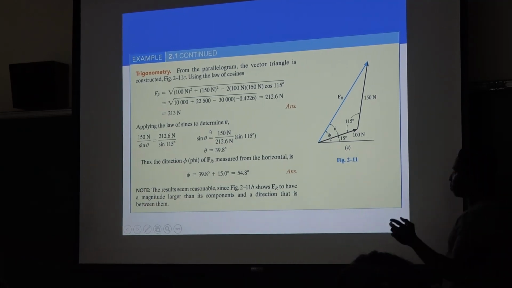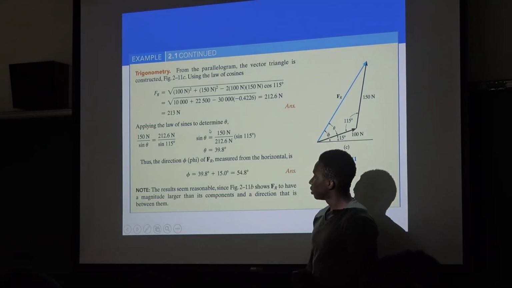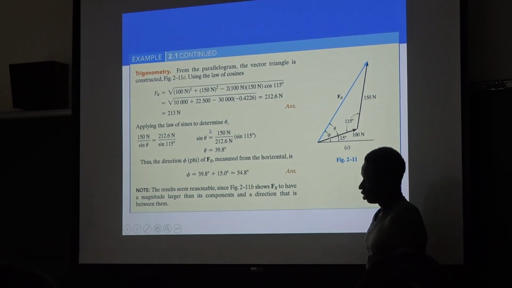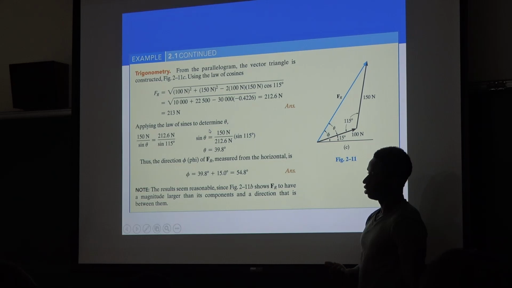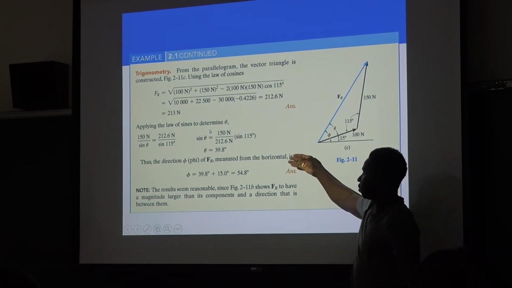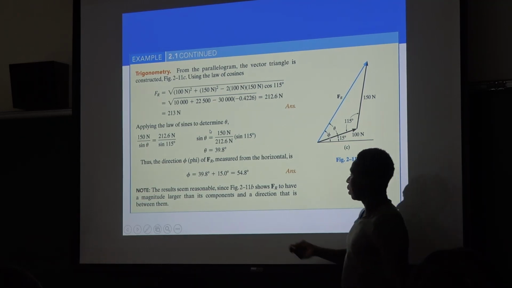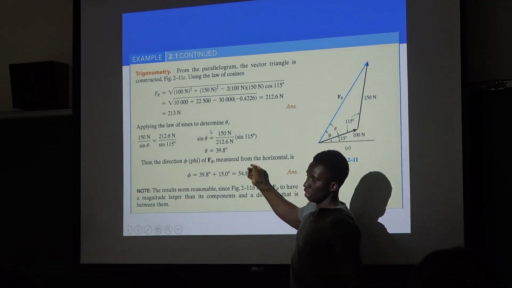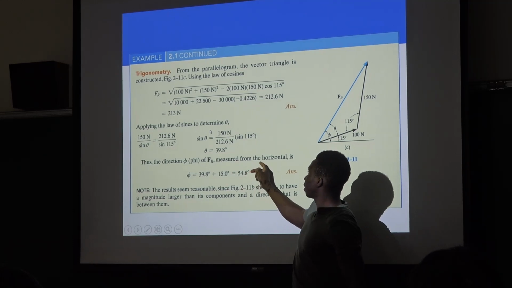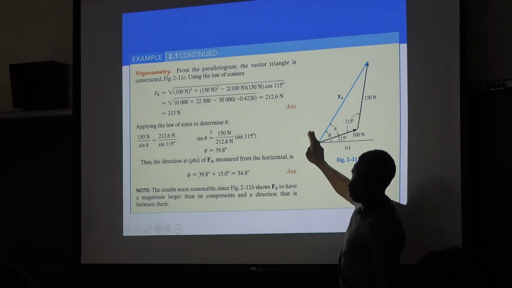Okay, so another very important thing is that when you calculate the direction, you need to tell the professor, or the one who is responsible for checking your assignment or your solution, 54.8 degrees from where? So when you write your solution, it is important to state this: measured from the horizontal, or measured from the vertical.